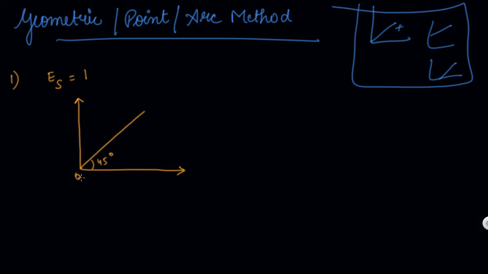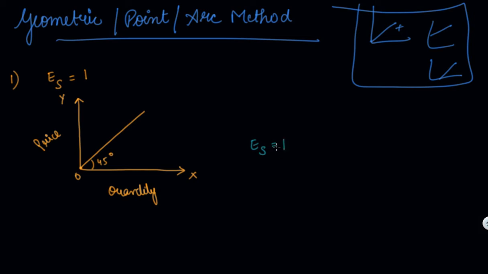This is a 90-degree angle, and this is a 45-degree angle, halfway of it. This is your quantity. This is your price, and it starts from the origin. Then your elasticity of supply is equal to 1.